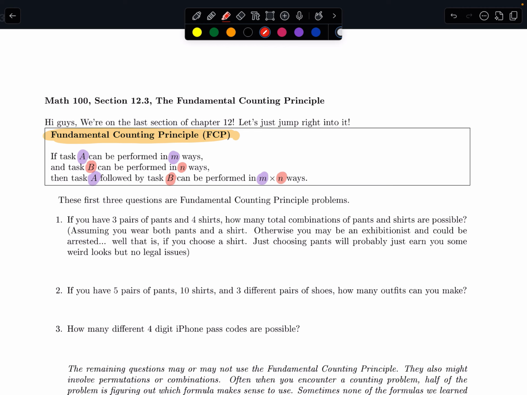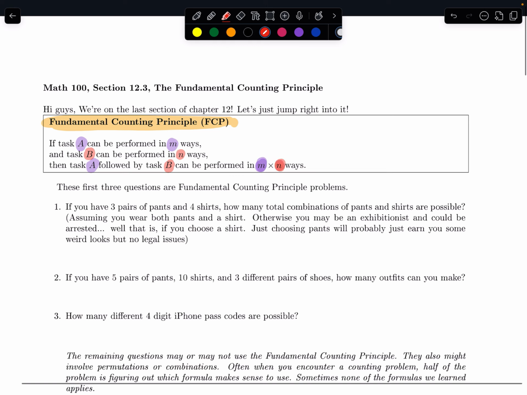And so today's counting principle boils down to something very simple, and that is you just multiply. You take the numbers you got and multiply them together.